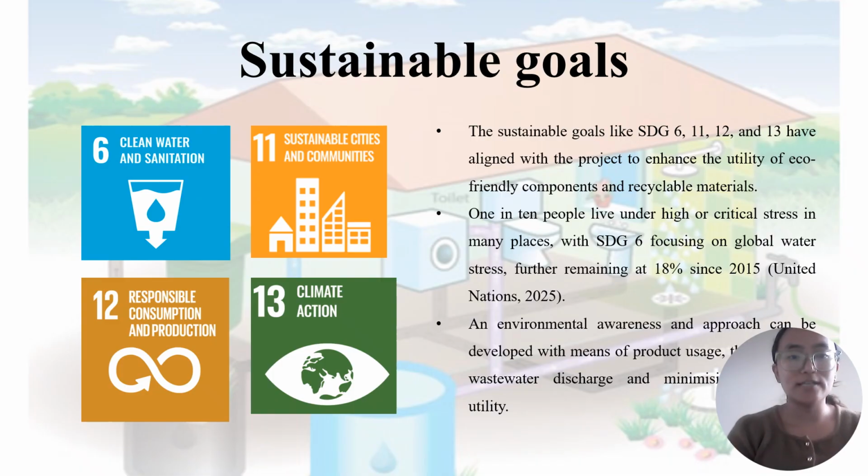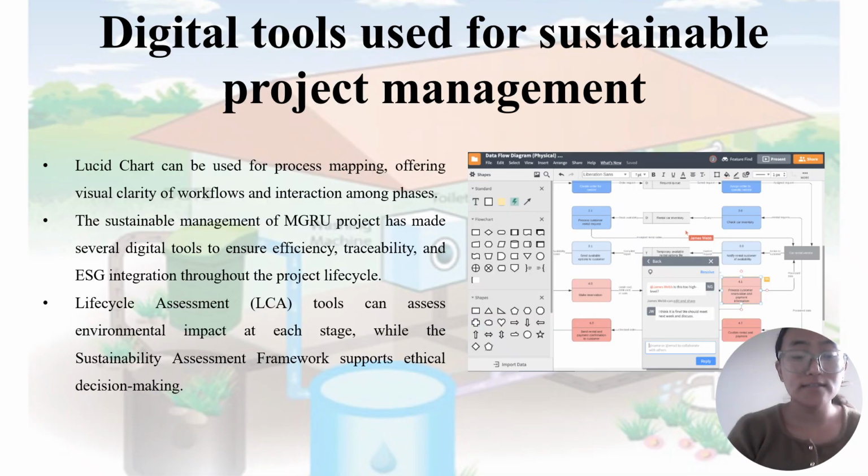Talking about the sustainable goals, they can be thoroughly encouraged by utilizing different eco-friendly components, thus encouraging the project usage with environmental awareness and recyclable material management. And the next slide is digital tools used for sustainable project management.